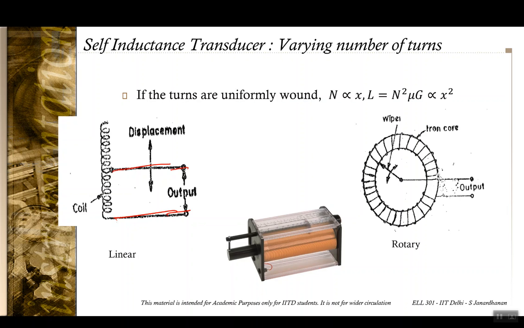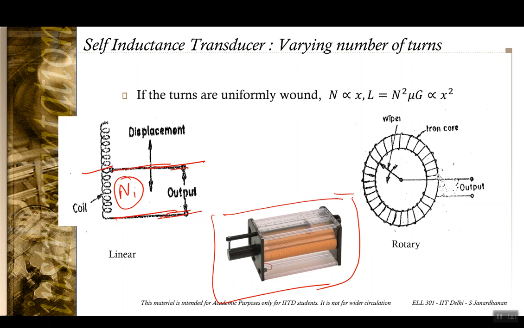In fact, even if you look at the setup of an actual variable inductance transducer, it looks very similar to a resistance potentiometer. And if you are taking the inductance across two of those points, then this N1 is the number of turns between these two points, and that is proportional to the effective displacement.